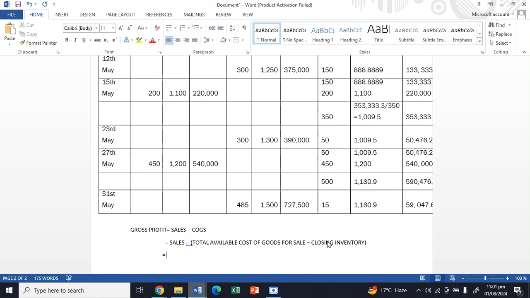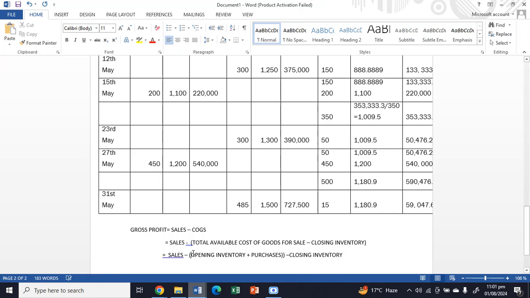Right. So, in order to get your total cost of goods available for sale, you're going to add your opening inventory plus your purchases. And then you subtract this from the closing inventory.